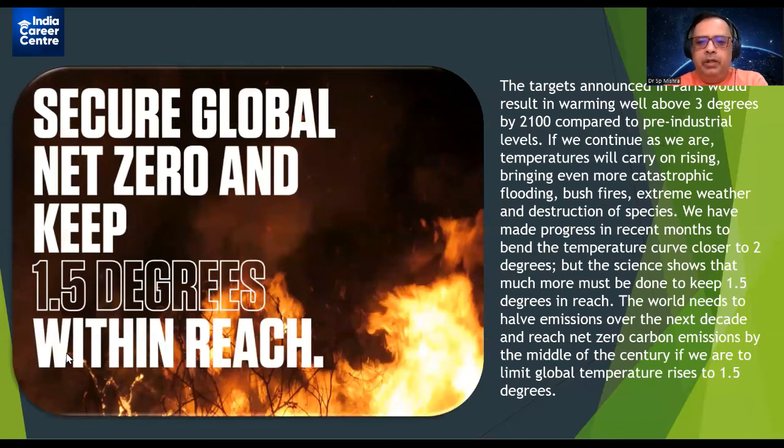Now, decarbonation is also very important because if we do not act, the temperature rise the way it is happening right now would result in warming well above 3 degrees by 2100 compared to the pre-industrial level.